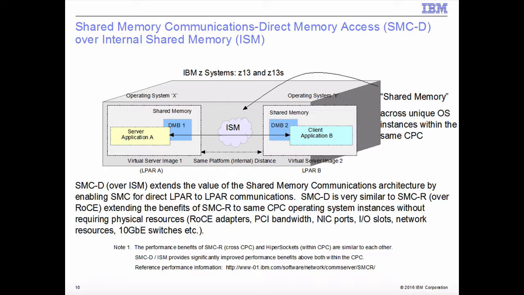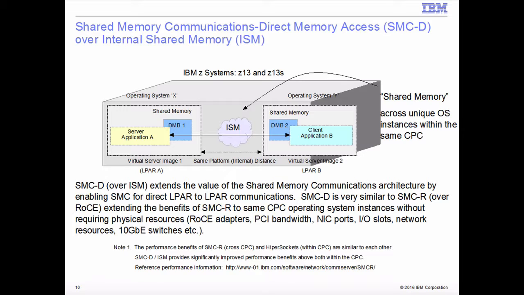What we show here is SMC Direct over ISM extends all the value points that we just discussed with shared memory communications architecture by enabling it for direct access from LPAR to LPAR without using a hardware adapter or hardware bus, etc. So basically, you provide all those qualities of service as you had with SMC-R, but now directly from within the machine.